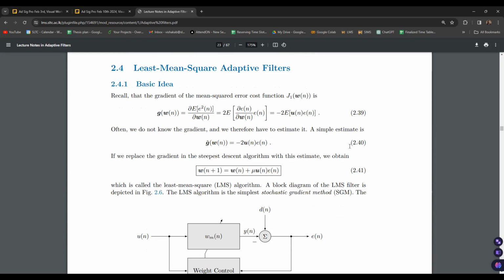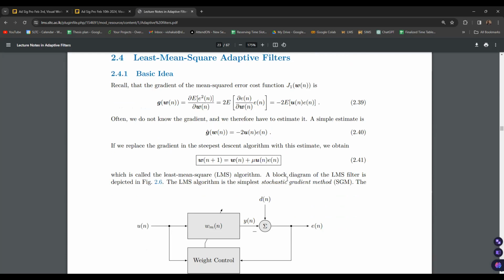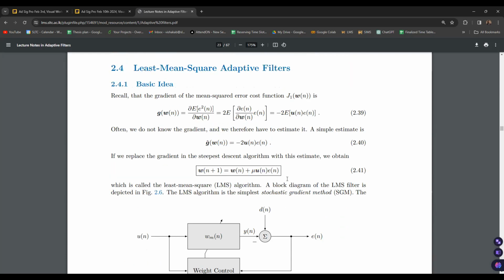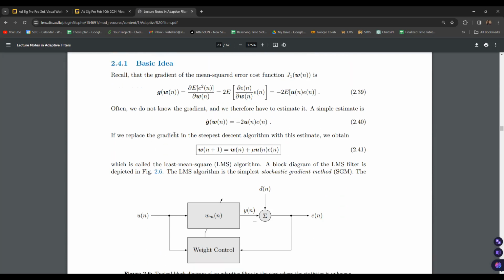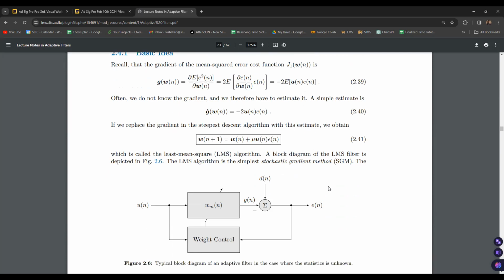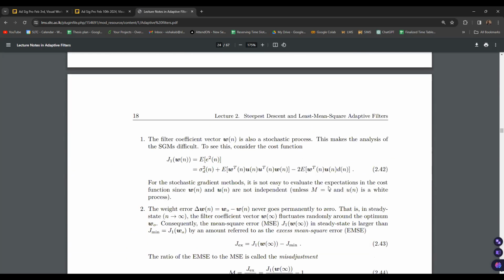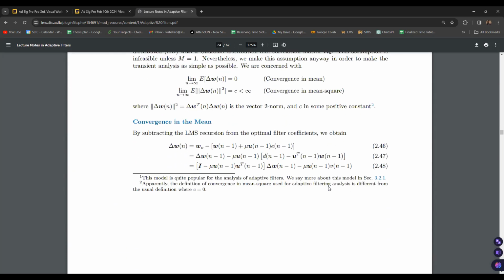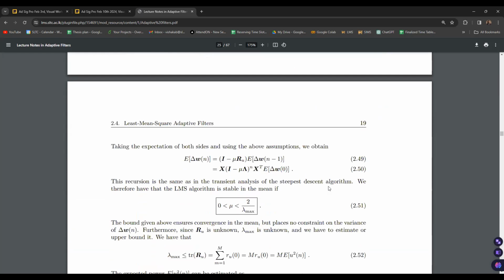In this section, the least mean squares algorithm is given and its model is a little similar to the previous one. Here also we have to find the updated filter coefficients, and we have to make sure the algorithm's filter coefficients converge with time. You can read about all these things in this document.